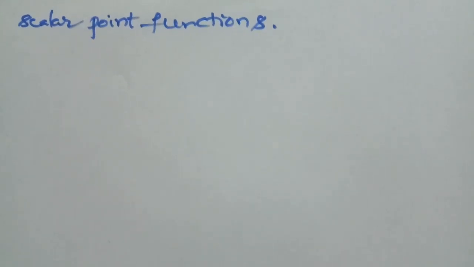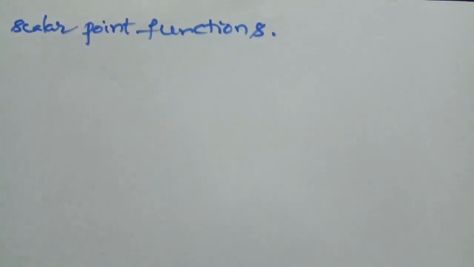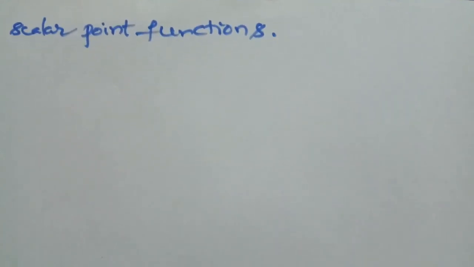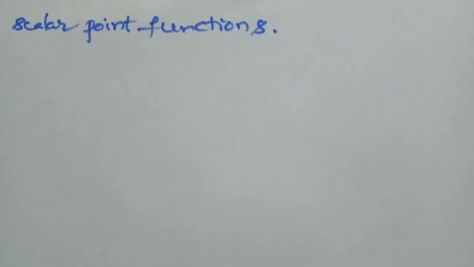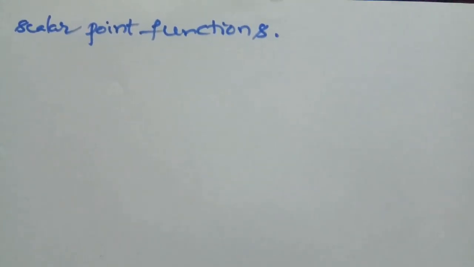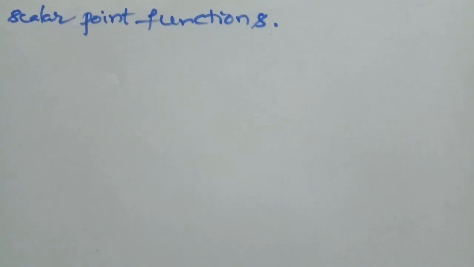So scalar quantity means there is no direction, it has only magnitude. Those kind of functions are scalar point functions. Earlier we gave the temperature of the body at any instant, at any time. It has only a magnitude but there is no direction for temperature of the body, and also density of a body has only a magnitude but there is no direction. Those quantities are called scalar functions.